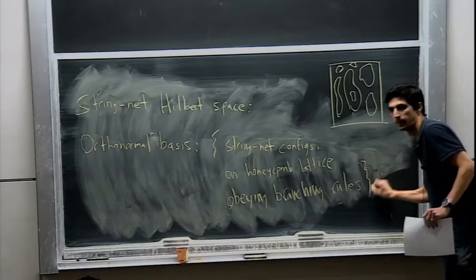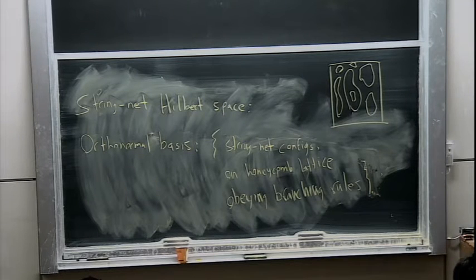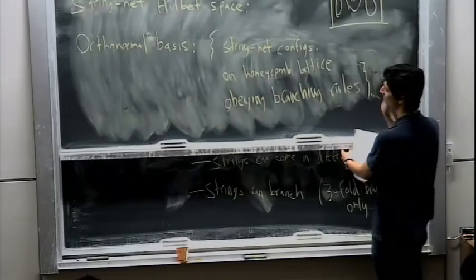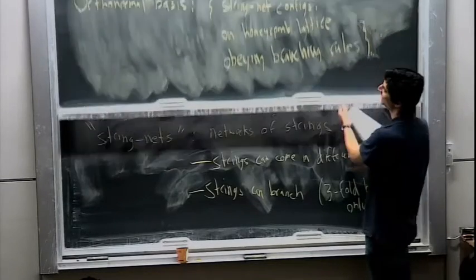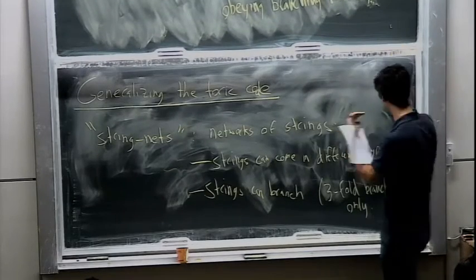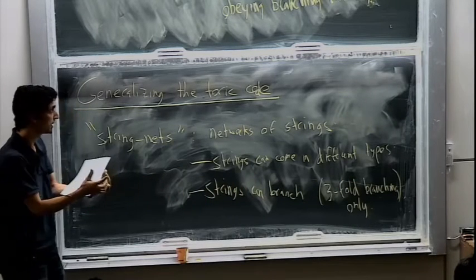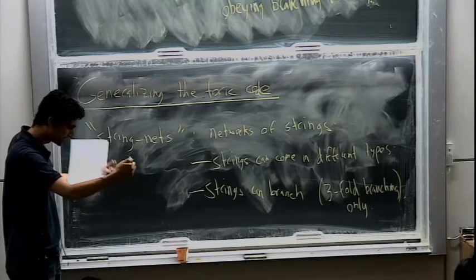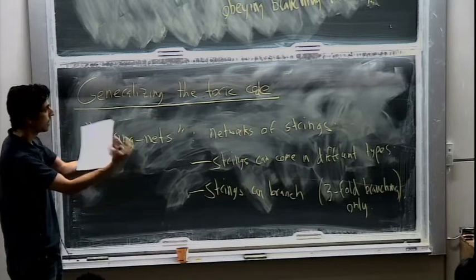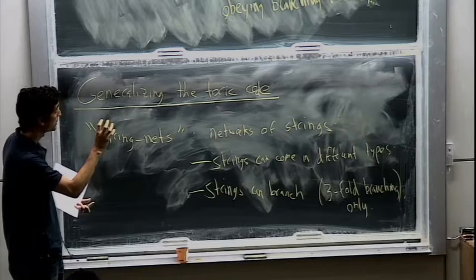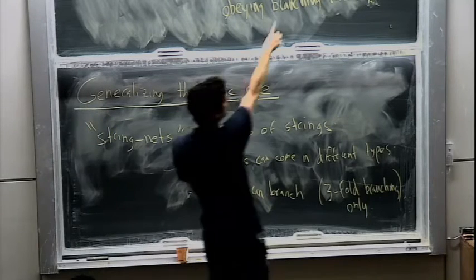Okay. So far I've just told you, if you like, the Hilbert space of the models that we're going to talk about. Well, it's not even quite the Hilbert space. It's going to be kind of the low energy Hilbert space. If you think about the toric code model, for example, the full Hilbert space included configurations where strings ended, right? But at low energies, let's say we're below the energy gap of the Q V operator, the configurations always involve closed loops.